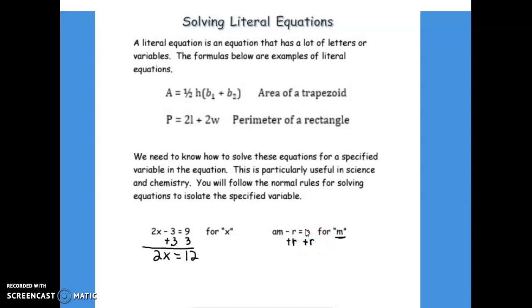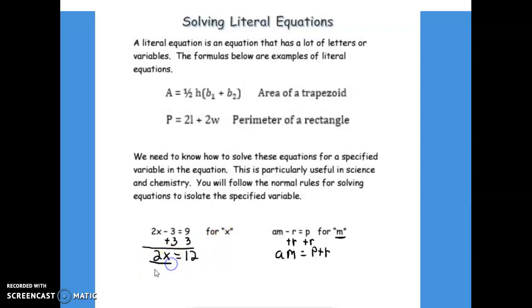Now, you know that p and r are different variables, so you can't add them, so your equation would look like this, right? P plus r.